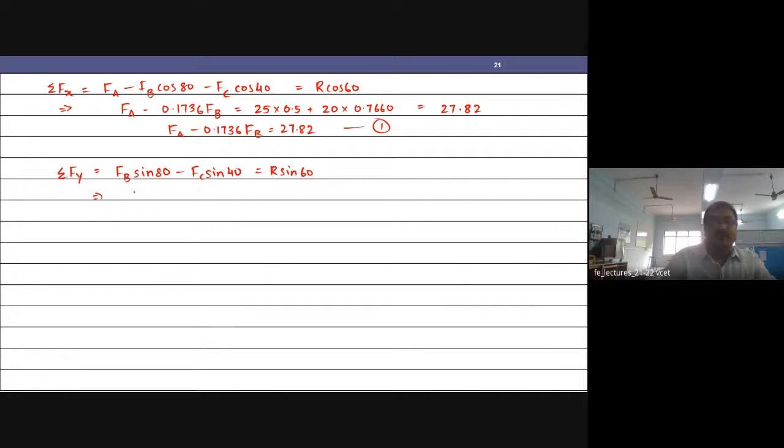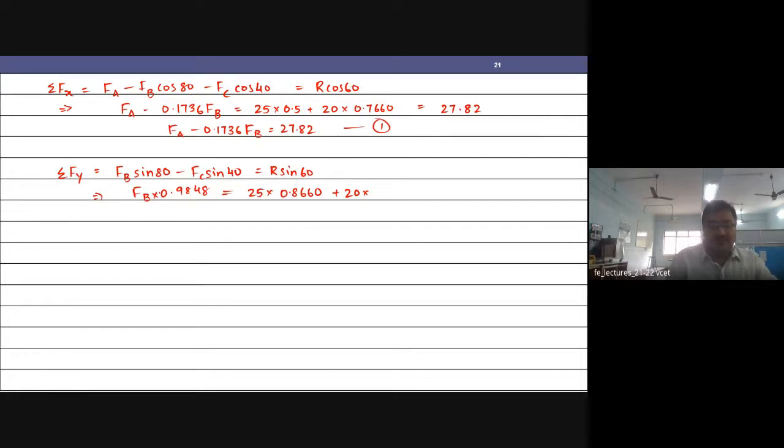So I have FB into sine 80, 0.9848, equal to 25 into sine 60, 0.8660, plus 20 into sine 40.